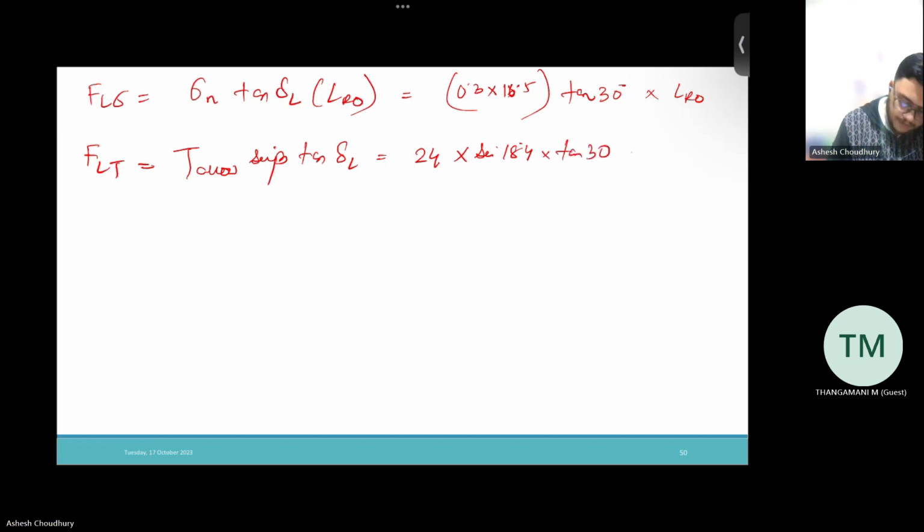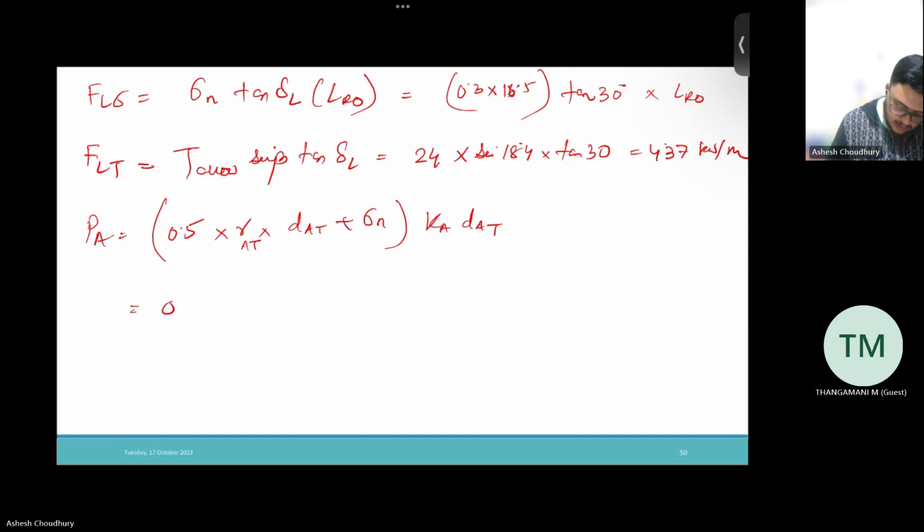T. Now PA. 0.5, depth of trench we have to find out.